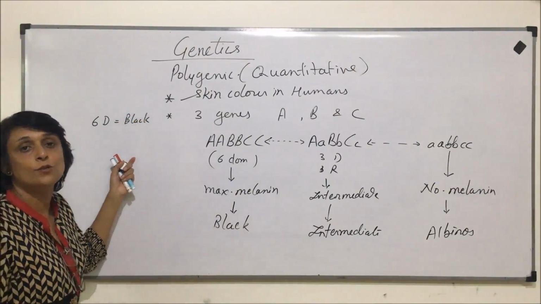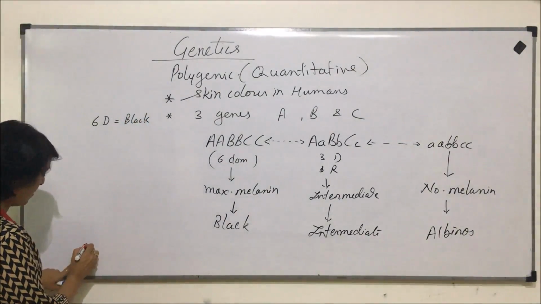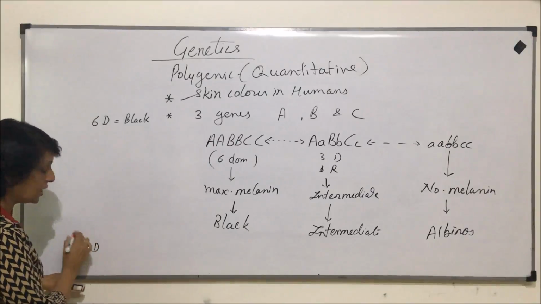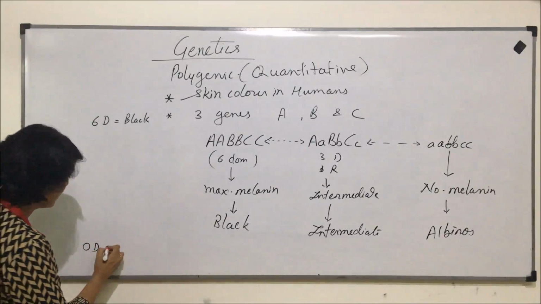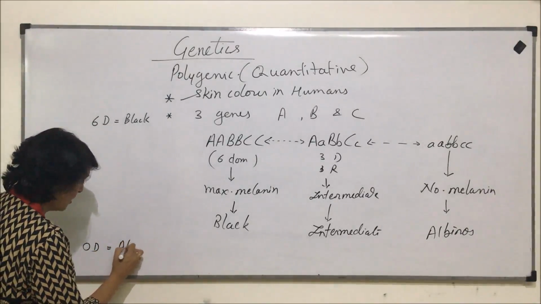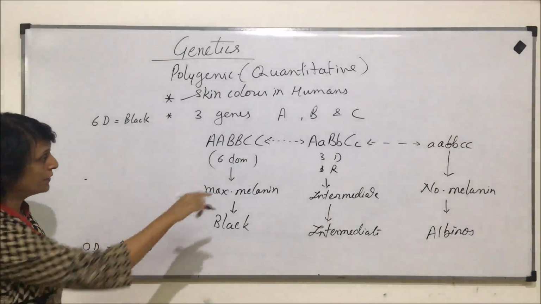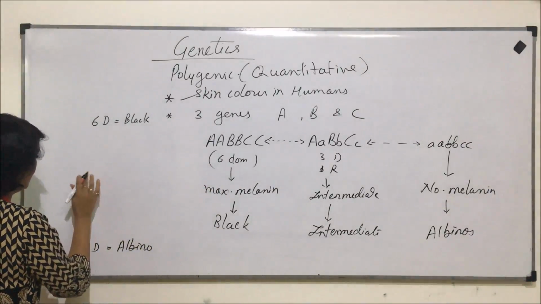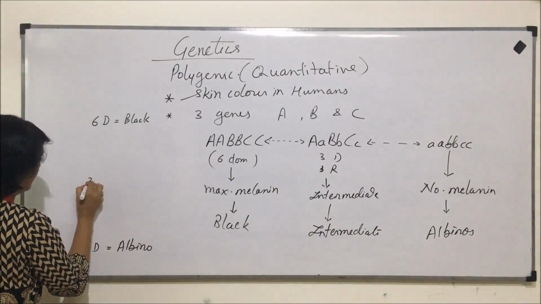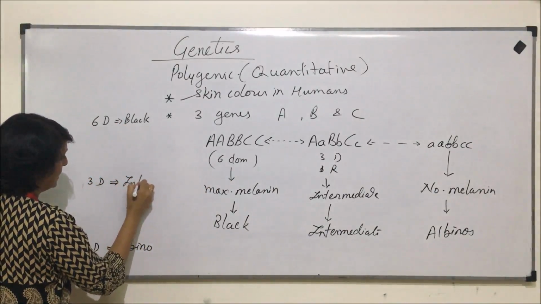This will help us to find out the ratio when we plot the Punnett square. Let us talk about the other extreme, that is 0 dominant. There are no dominant. The skin color is white, they're called albinos. This is the intermediate, so that means there are 3 dominant, and the skin color is written as intermediate.